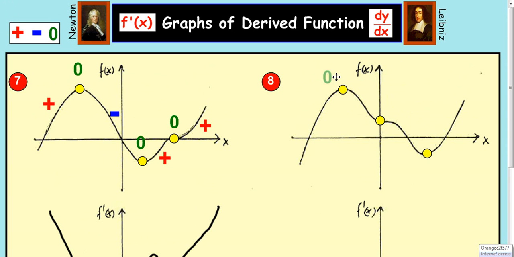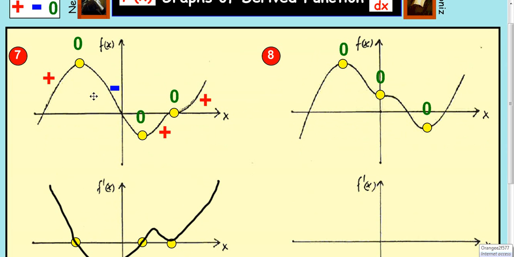Right, last example, mark your zeros in. This is a positive gradient here, going up to the first stationary point, and negative, negative, positive. So that's negative, negative, and positive.